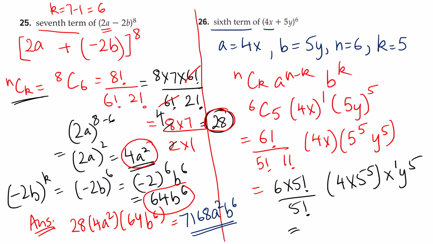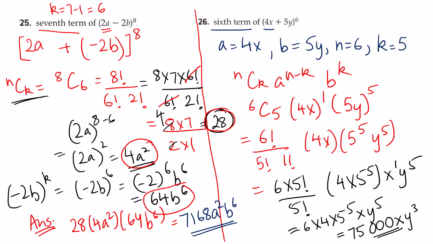So the final answer after the multiplication will come out to be 6 multiplied by 4 multiplied by 5 to the power 5, x, y^5. So this is going to be a big number. Multiply correctly and this will come out to be 75,000 xy^5.